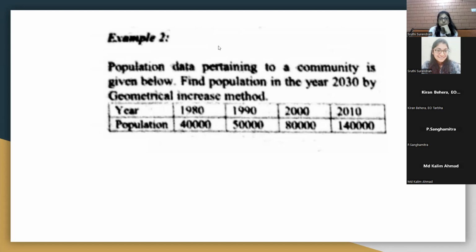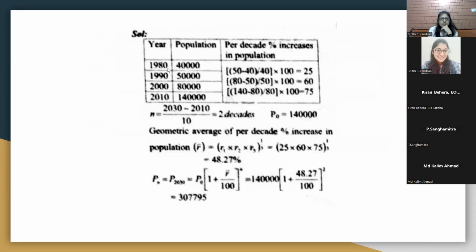Okay, I'll move on to the solution. Now we can see 1980, 1990, 2000, 2010. These are the populations. When it comes to geometrical increase method, we calculate by finding the difference between the two populations, dividing by the population, and multiplying it by 100 to get the percentage. So for each value, these are the percentage values you get: 25, 60 and 75.